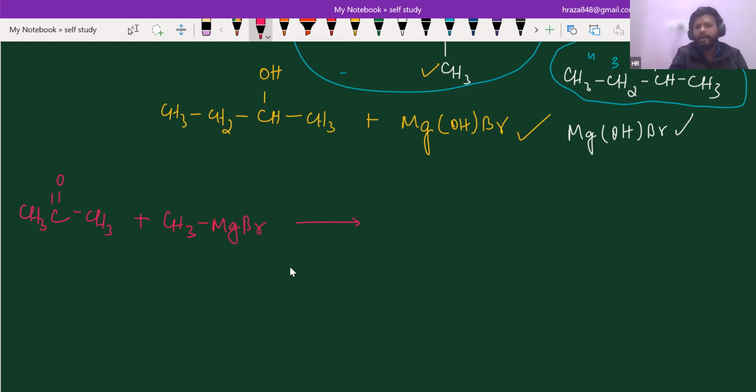You can see this is a ketone, but the mechanism will follow the same order as compared to this aldehyde. So you can do this easily. I think you can do this. Please do it. If anyone has any doubt, please ask me.